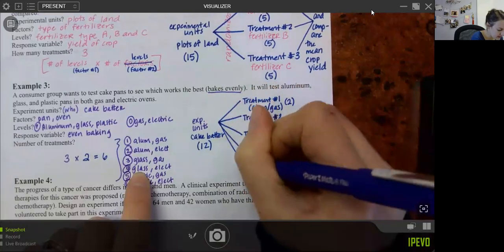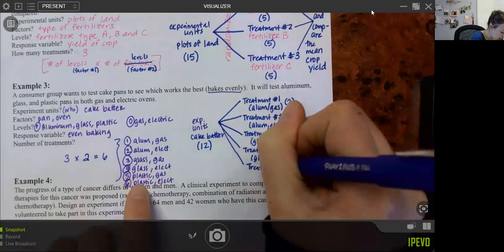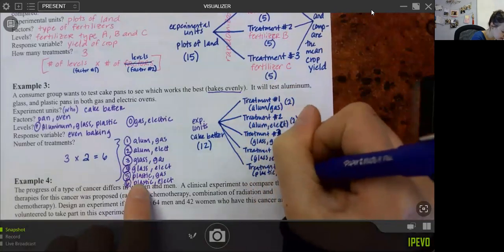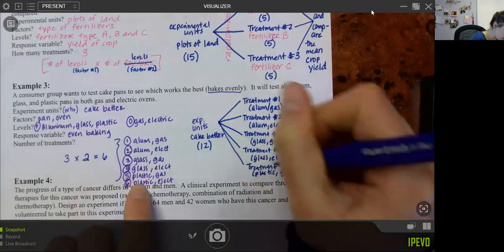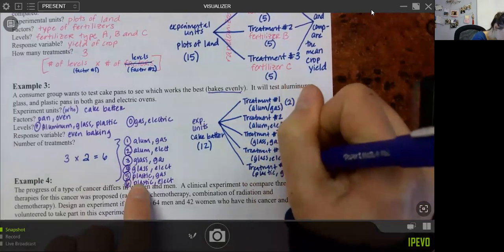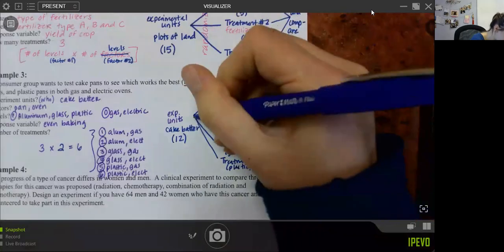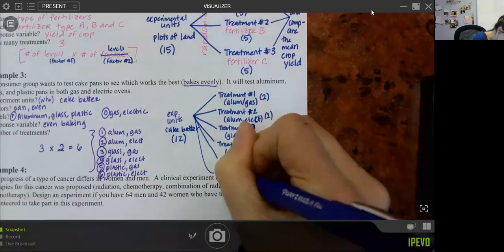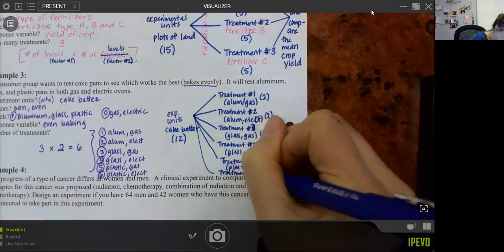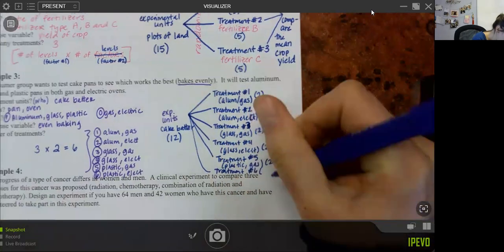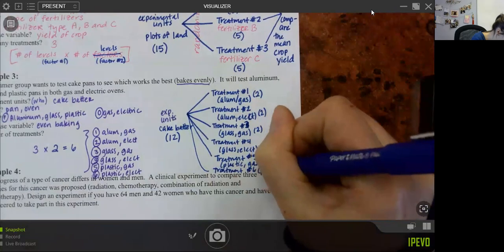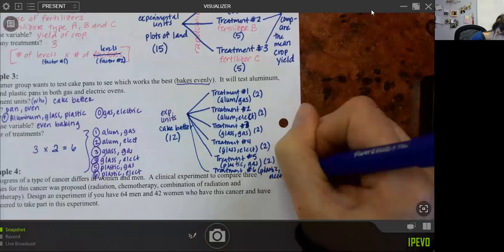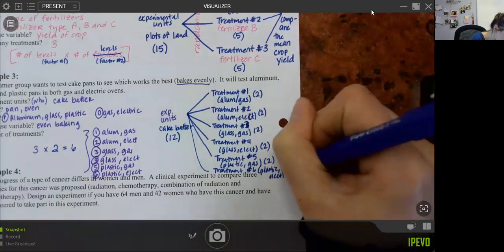Treatment number 5, we're going to have our plastic and gas. And treatment number 6. Now I'm running out of space here, but I'm going to sneak in treatment number 6 down here. On the AP exam, you would have a ton of space to write all this out. We're just a little bit limited here. Plastic, electric. I guess I could have done it on a separate piece of paper.